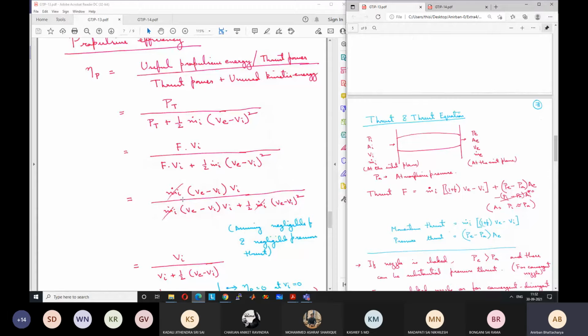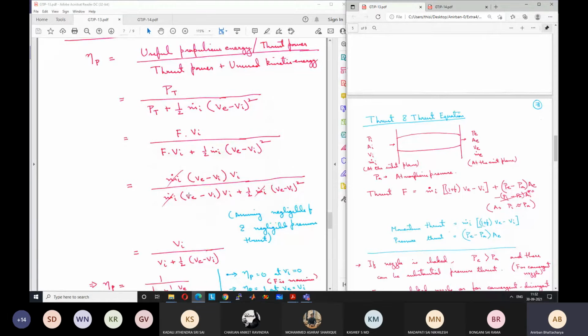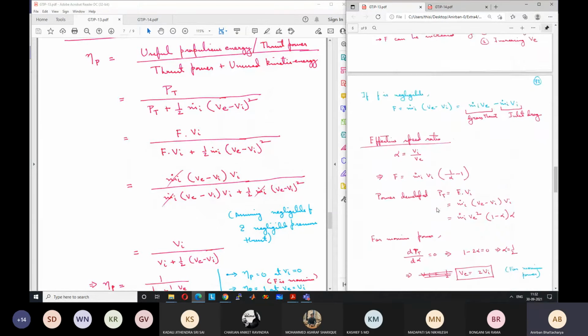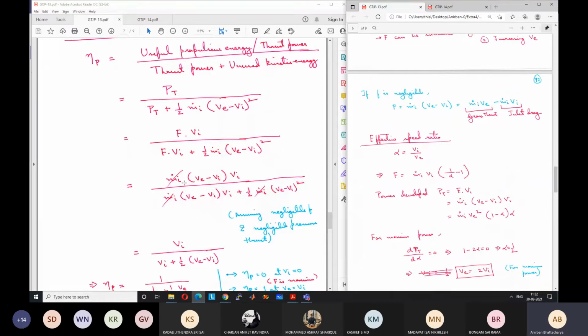In that case, we have just seen that the thrust is equal to m dot e (V minus Vi). So thrust power is m dot e (V minus Vi) into aircraft velocity Vi, and in the denominator we have m dot e (V minus Vi) into Vi plus half m dot e (V minus Vi) whole square.